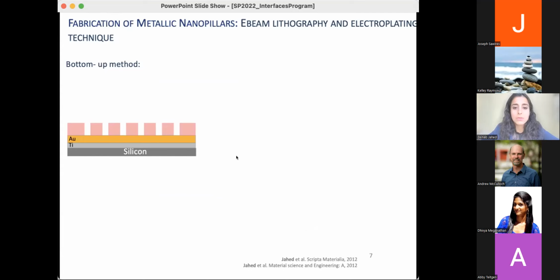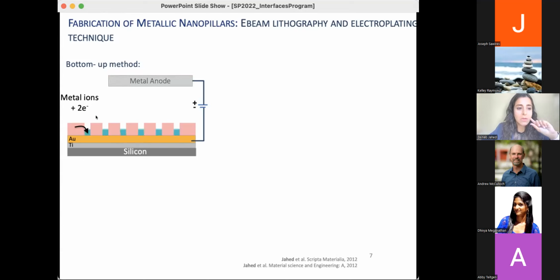Some methods include using a mold and putting this mold in an electroplating bath. We make these nanopillars out of metals, so we have ions of the metal of interest in the solution, and we run a current through the whole system.